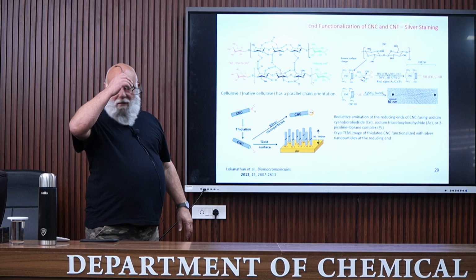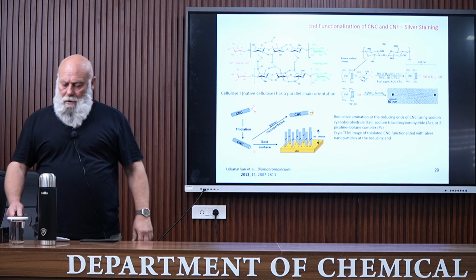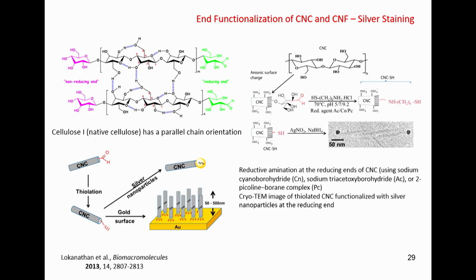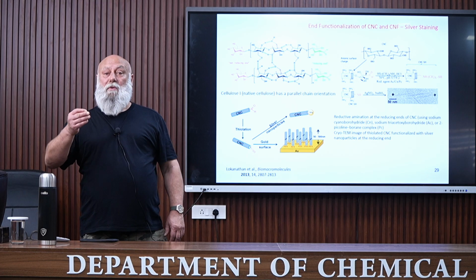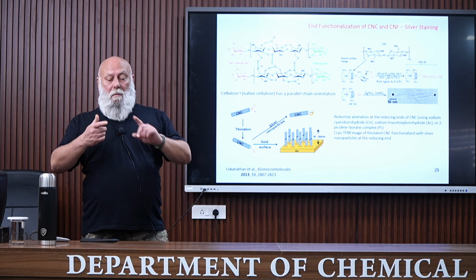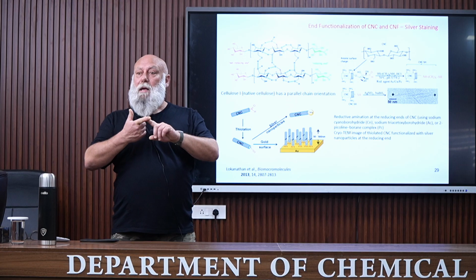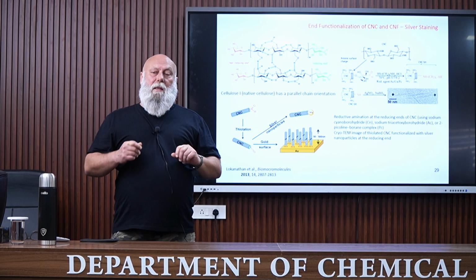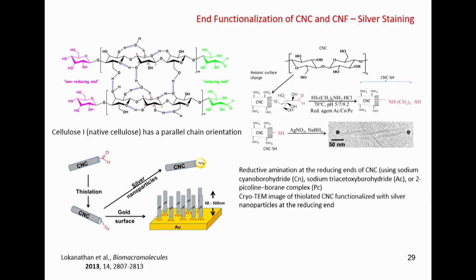In fact, this grafting at the end of the nanofibrils or nanocrystals can be interesting in some cases because remember that we have seen that the high mechanical properties of cellulose-based nanocomposites are due to this percolation effect, meaning that the nanocrystals can interact through hydrogen bonding. When chemically modifying the surface of the nanocrystals, of course, we cannot form this percolating network.